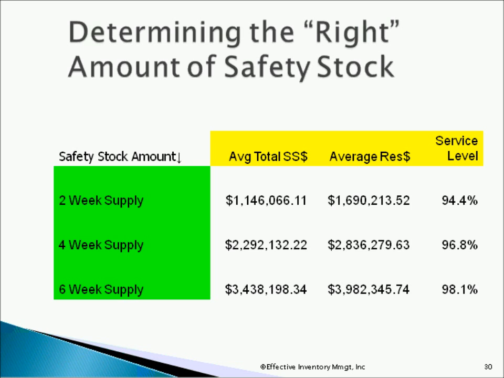As you go through this process, you will notice that as your safety stock amounts increase, and you can see here we're going from a 2 to a 4 to a 6-week supply, the value of that safety stock increases. The value of what I'm going to call my residual inventory increases as well. Okay? You can see that's going up.